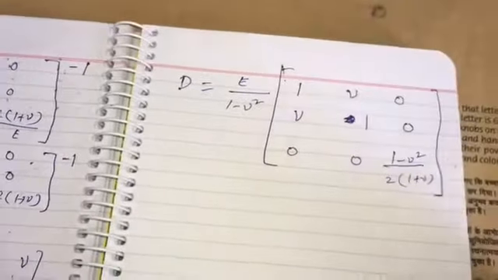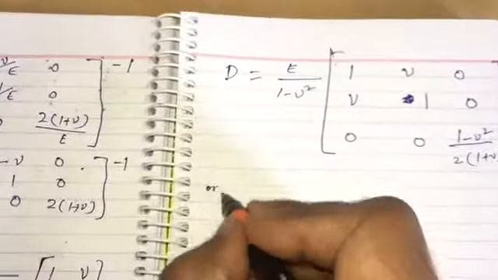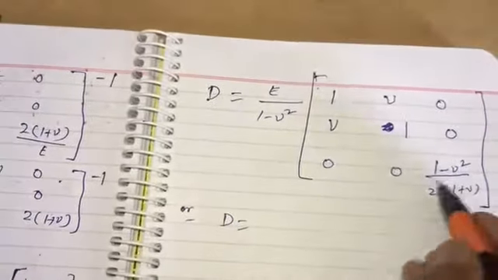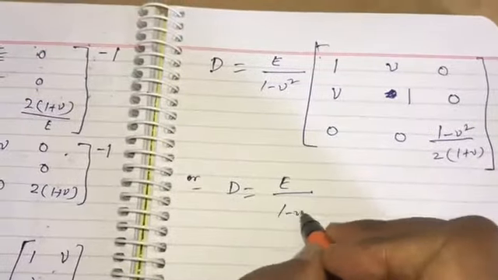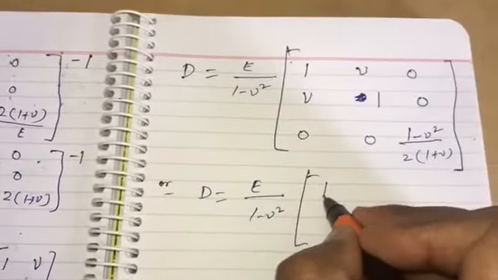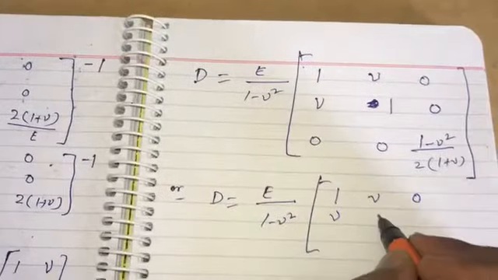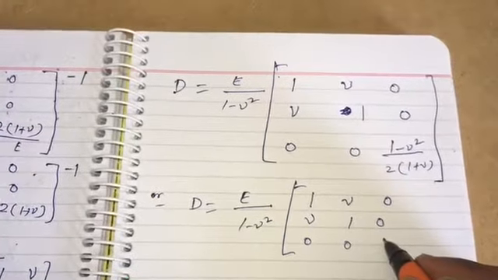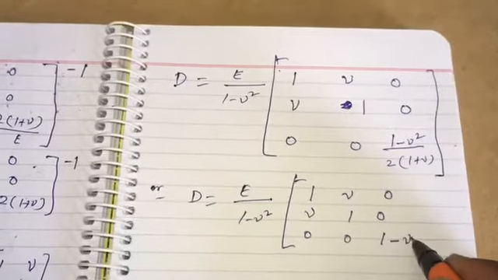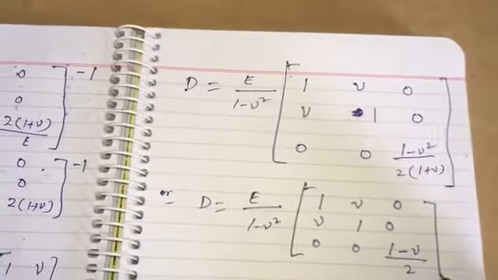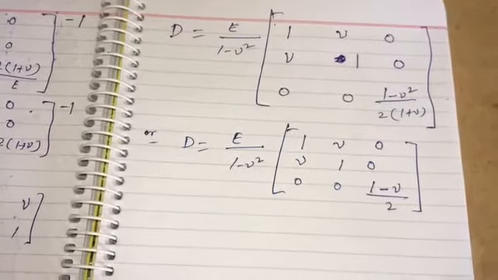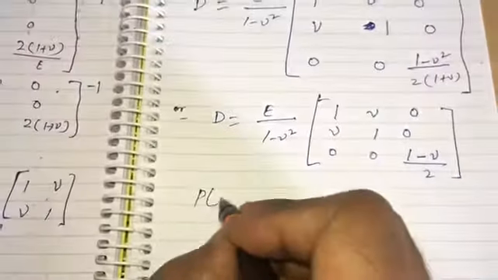So like this. Or D is equal to E over 1 minus nu square, and 1, nu, 0, nu, 1, 0, 0, 0, and we have 1 minus nu over 2, like this. Okay.